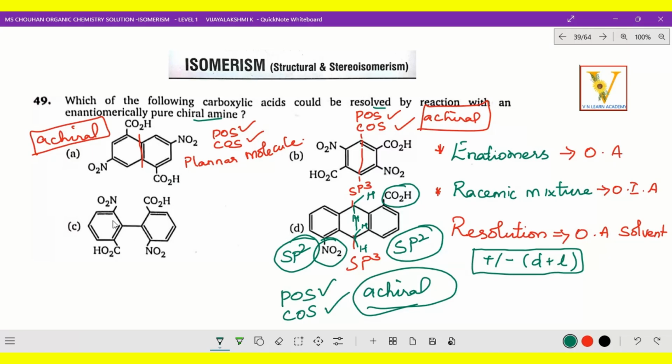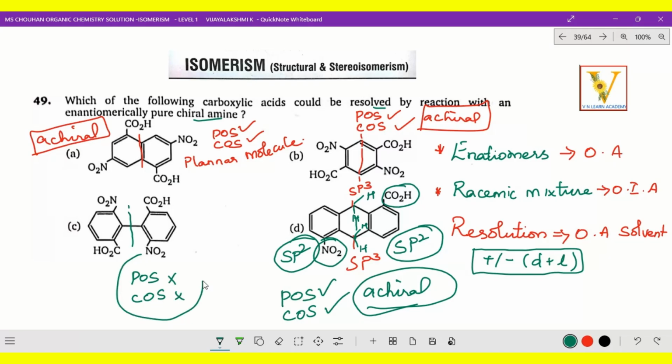Come on, let us check the C option. See, this is a biphenyl compound. In the biphenyl compound, what are the atoms or groups attached? Here NO2 group, COOH. Here COOH, NO2 group. When you cut over here, it is just the opposite, and it is resolved by an optically active solvent, right? So that means POS, COS is absent.